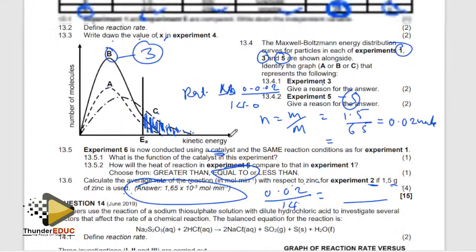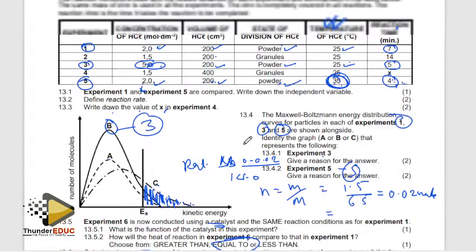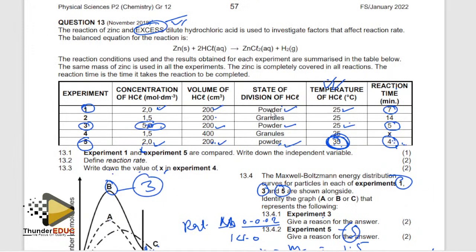So guys, basically in this topic, make sure that you know when they bring the powder, the reaction is very fast. When they bring granule, the one which has the powder has a faster rate compared to the granule. When they bring a high temperature, the one which has a high temperature is faster than the one which has a lower temperature.